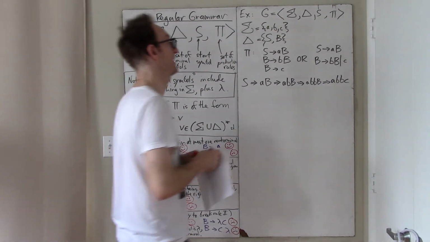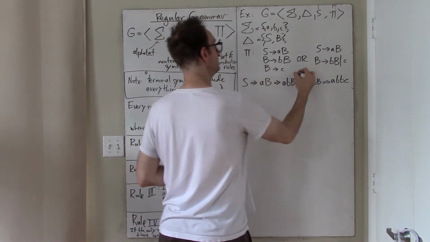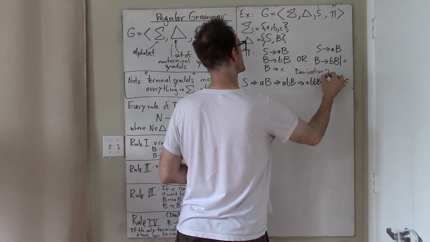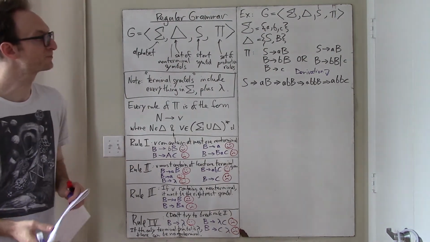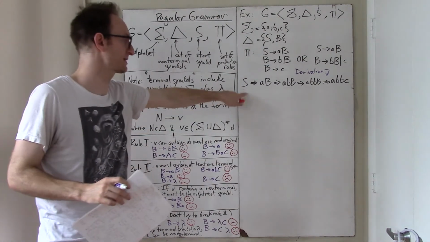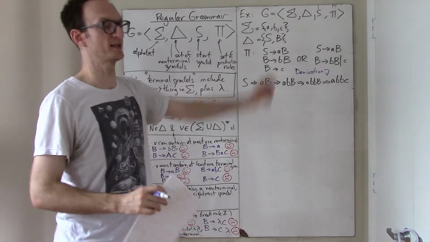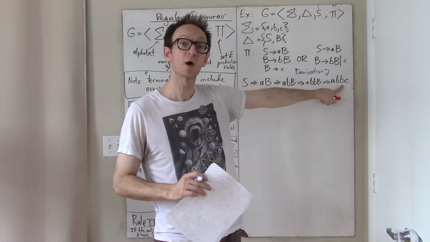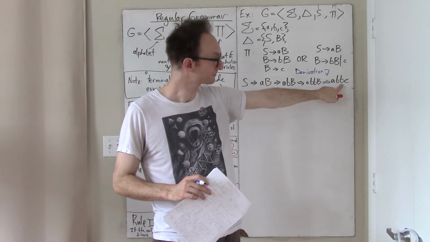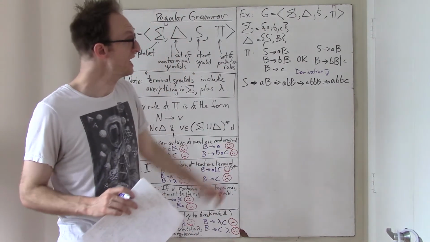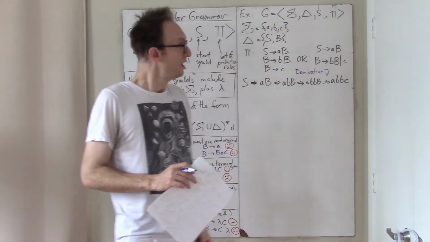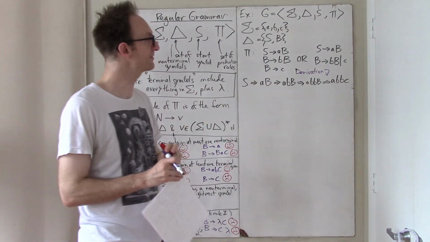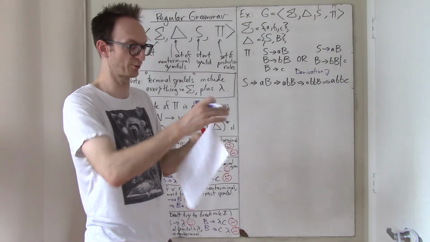This entire thing is called a derivation. It's a string of strings which begins with the start symbol and ends with a string composed of characters from sigma, each of which follows from the previous by an application of a production rule.